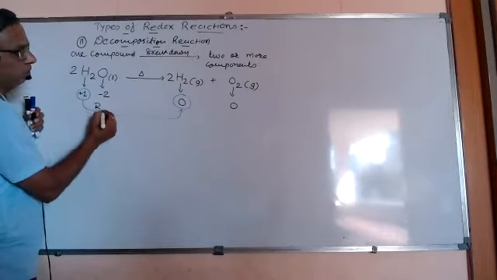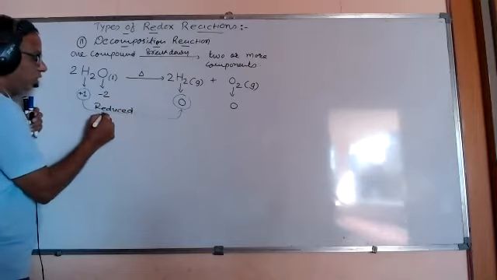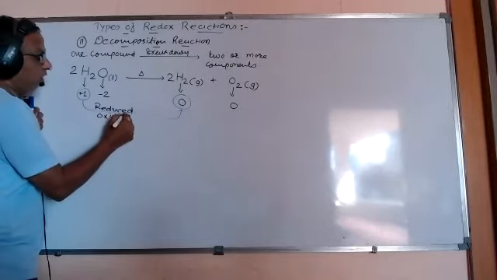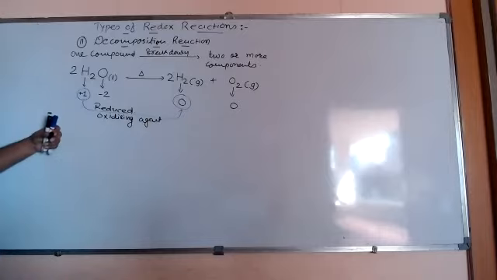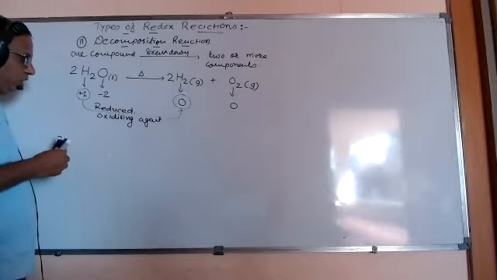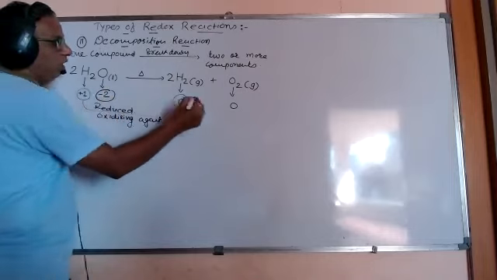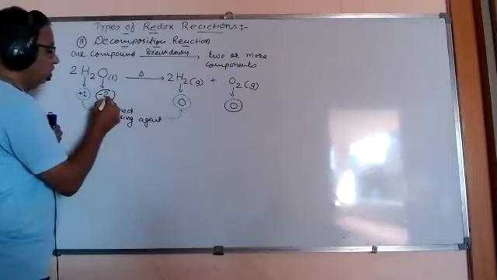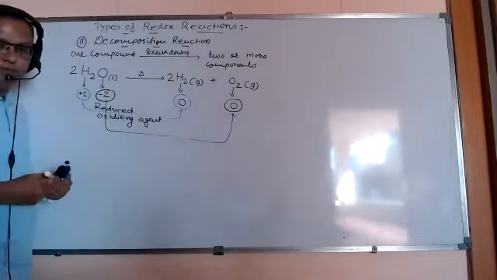Hydrogen is reduced and it is the oxidizing agent. It is reduced from +1 to 0. Reduction: oxidation number decreased. Okay. And the same thing, friends, for oxygen: oxygen goes from -2 to 0.